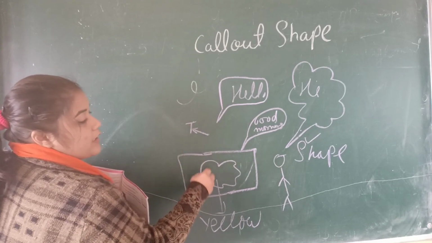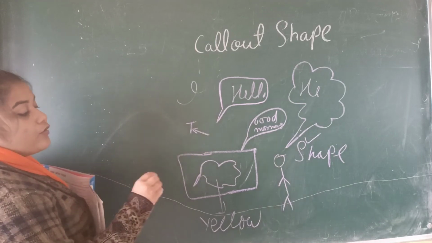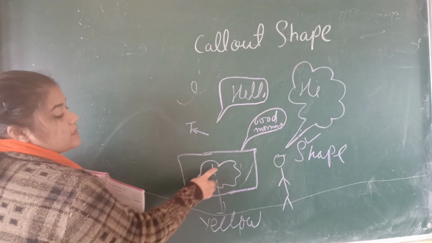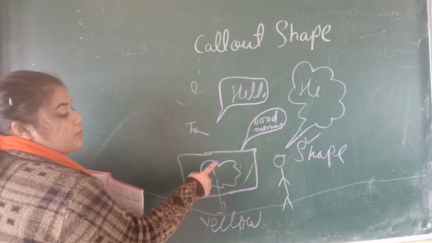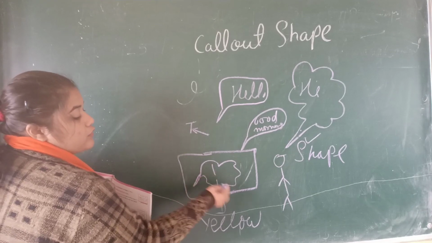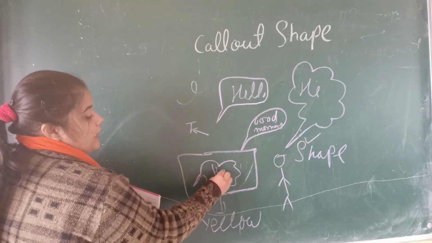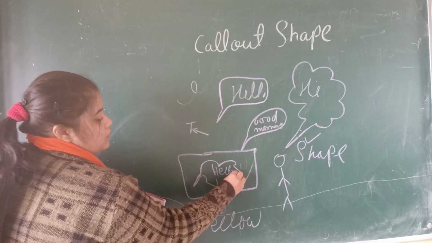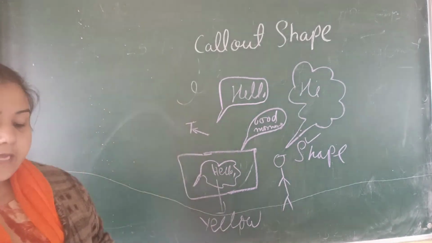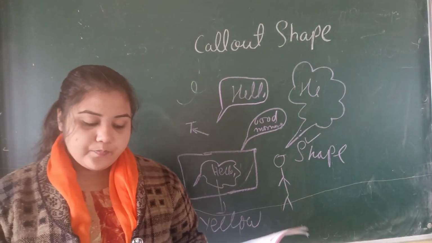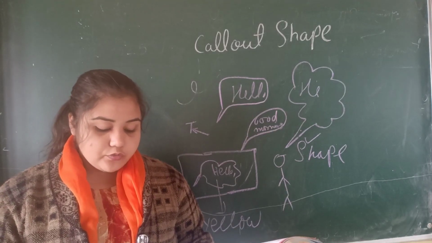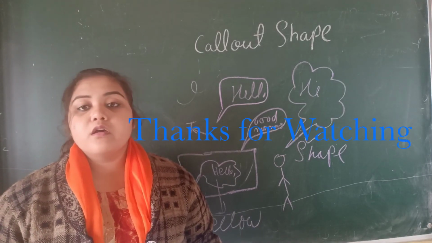When you come here, your cursor is there, no? Now your cursor will blink inside this callout. When your cursor blinks inside this callout, you have to type something. Suppose we type hello. That will be entered there. So you are going to reach page 57, callout shape.